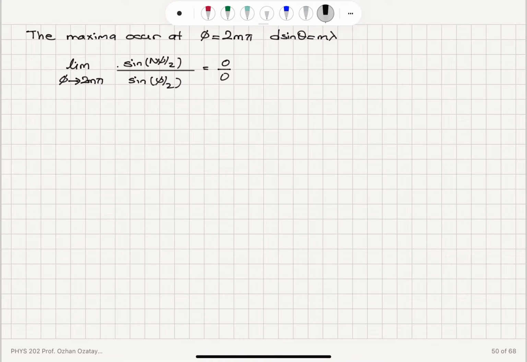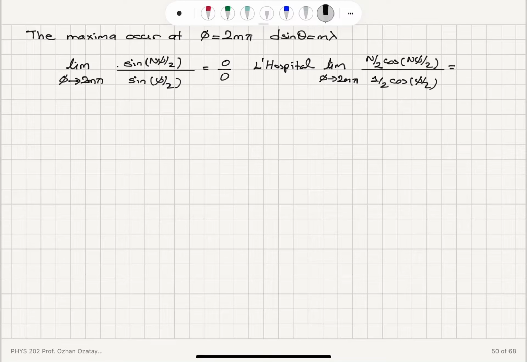If you use L'Hopital's rule, we will obtain the limit as φ goes to 2mπ of the derivative of the top divided by the derivative of the bottom: N over 2 cosine(Nφ/2) over 1 over 2 cosine(φ/2). The 1 over 2's will cancel.